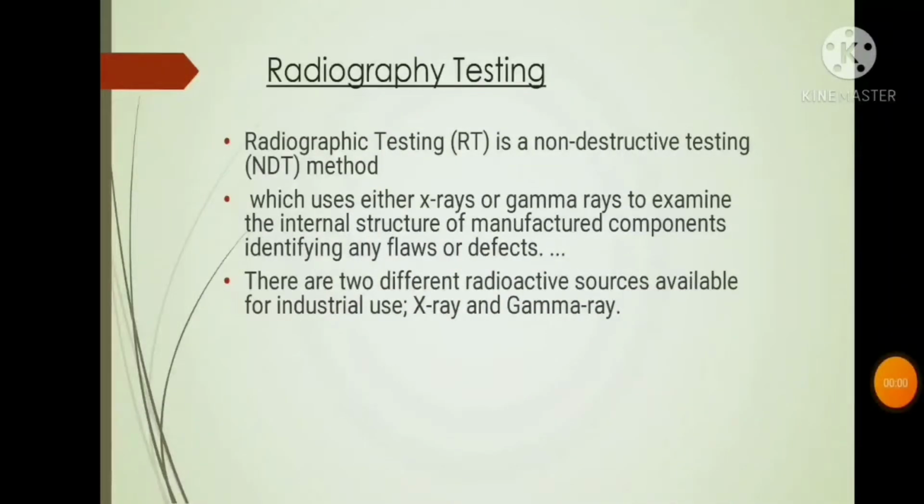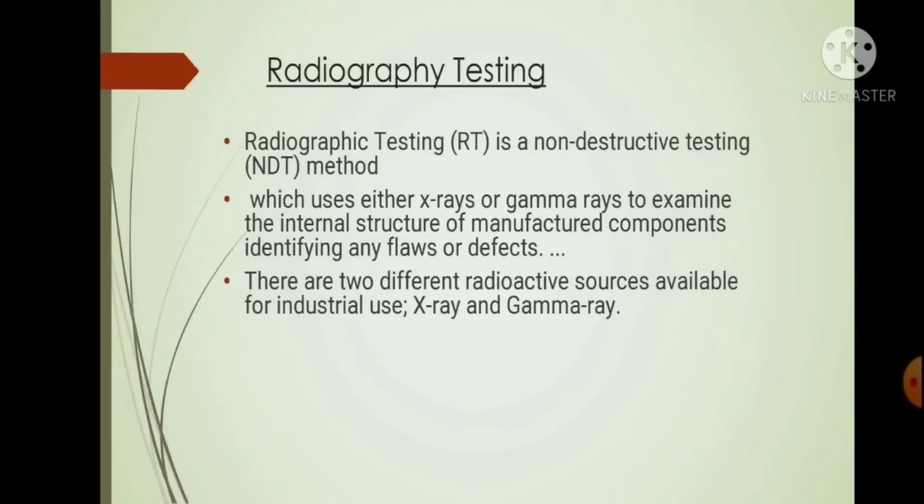I am Ashish Jha. Radiographic testing. Radiographic testing is a non-destructive testing method which uses either X-rays or gamma rays to examine the internal structure of manufactured components, identifying any flaws or defects.